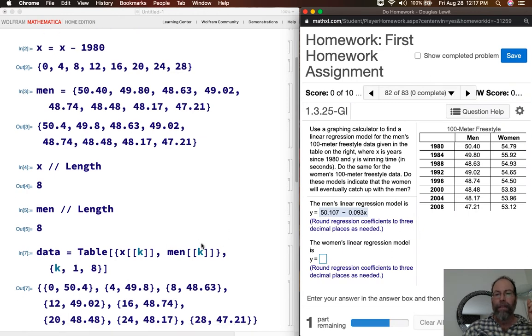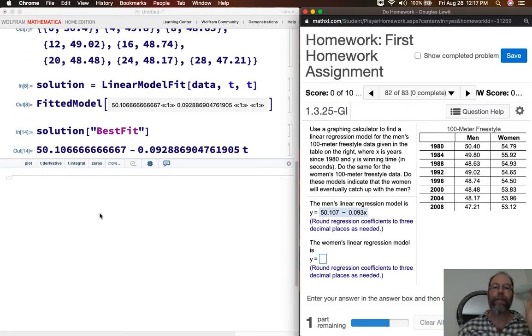Okay, the women's linear regression model. So we're going to do the same thing for the women.